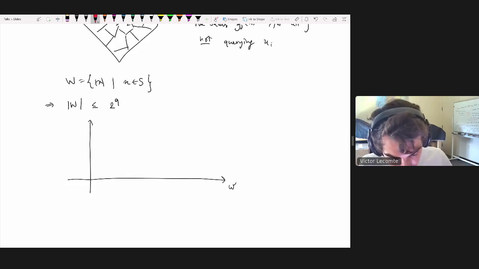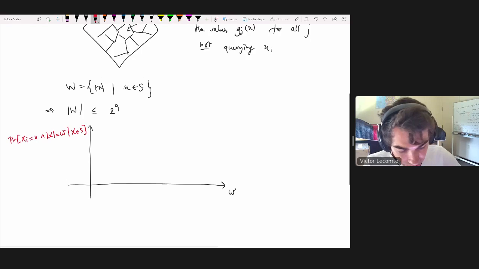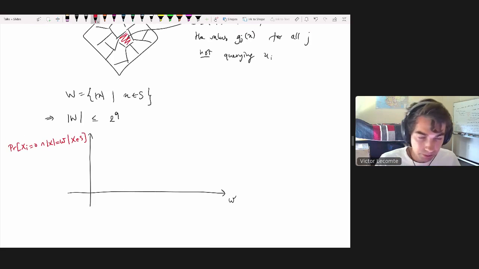The first one is the probability that xi equals 0 and the Hamming weight is equal to W given that x is in S. So it's over this set S. If you draw a random string within that set, what is the probability that the Hamming weight is W and that xi is equal to 0?